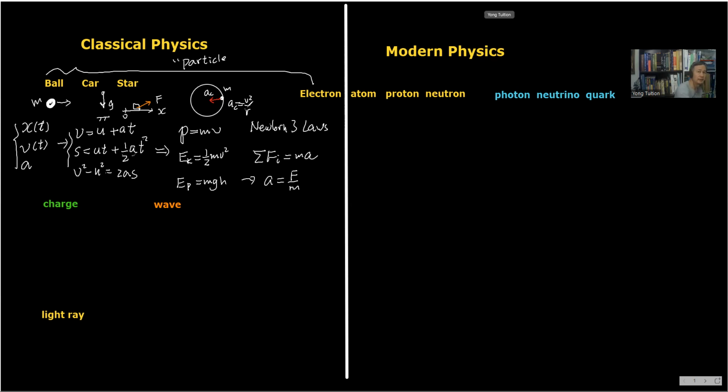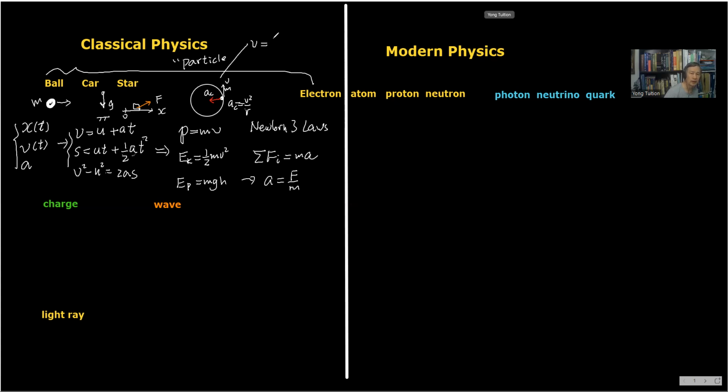Now, for circular motion you have the period, which is time divided by the number of revolutions. So we get another two formulas.